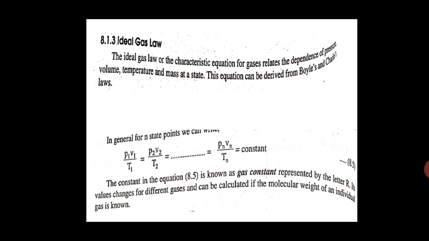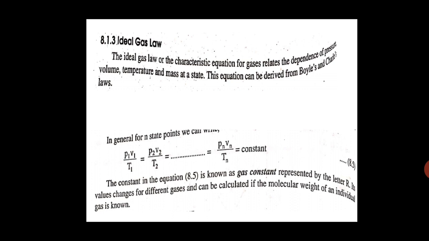The constant in the equation is called the gas constant and is represented by the letter R. Its value changes for different gases and can be calculated if the molecular weight of the individual gas is known. Gas constant means for a particular gas.